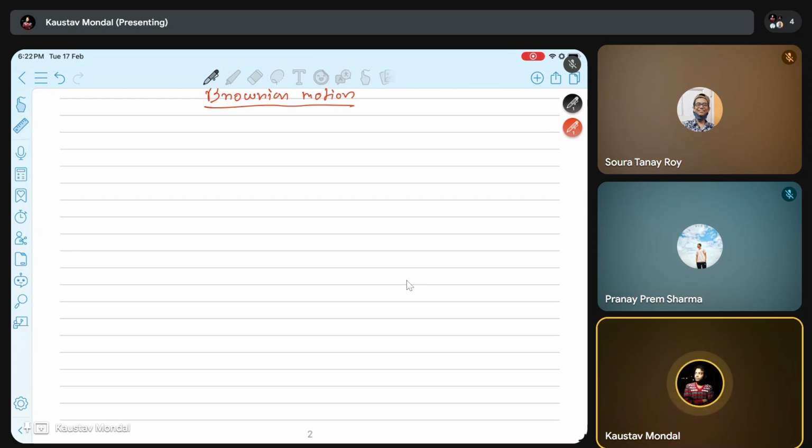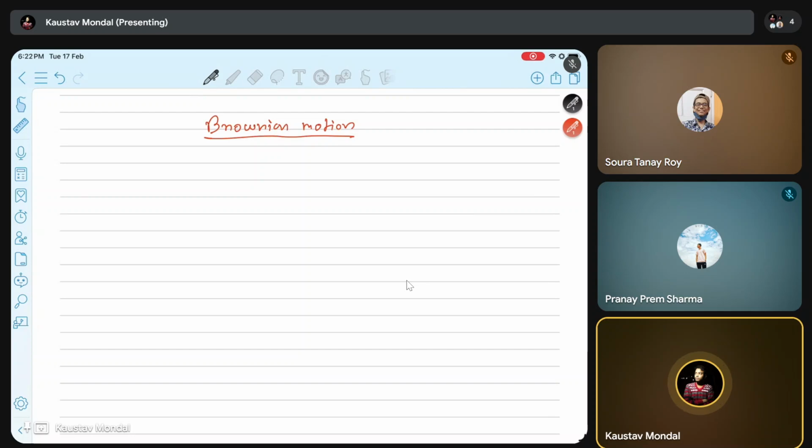Otherwise you cannot characterize any statistical properties. So some features are as follows.